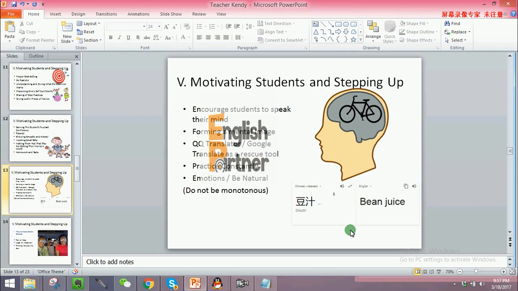and not monotonous. For example, when talking about something happy or exciting, we should not say it like, we were all very delighted and it was the best time of our lives. That's lifeless. But I try to demonstrate it to them. Like if you're talking about something happy, then you should also sound happy.